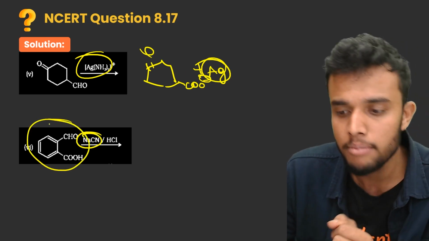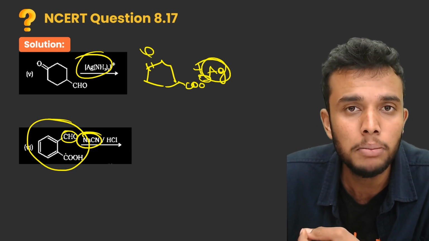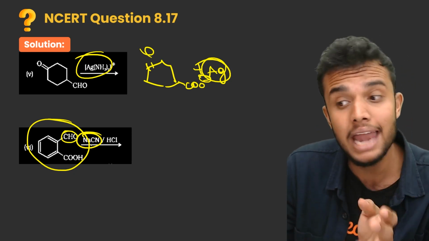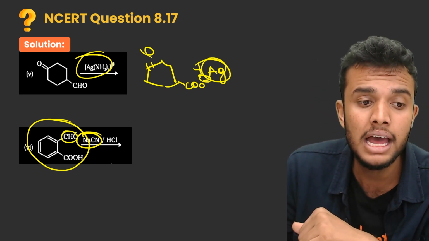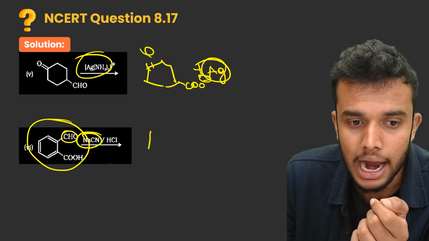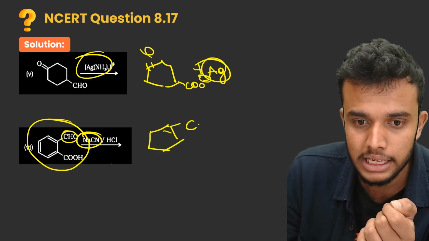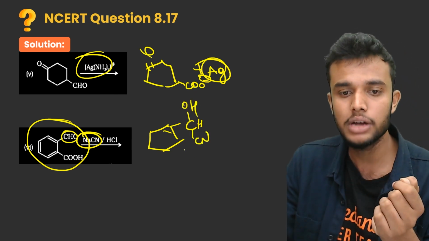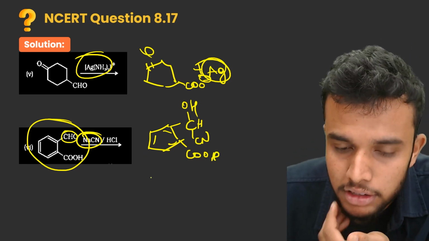What is the name of this compound? At the second position, a formyl group is there: 2-formylbenzoic acid. It reacted in the presence of NaCN, sodium cyanide. What happened? A cyano group is attached to yield this compound: CH with OH and CN, and the COOH group is already there. What is the name of this compound?